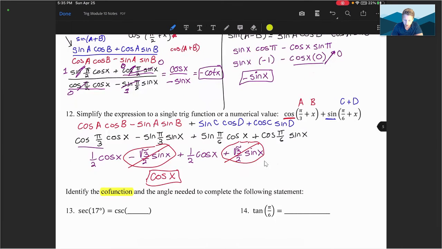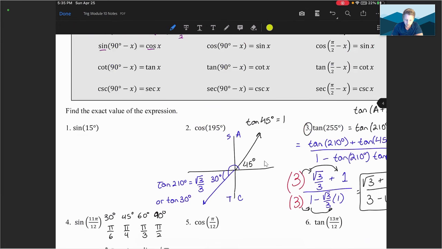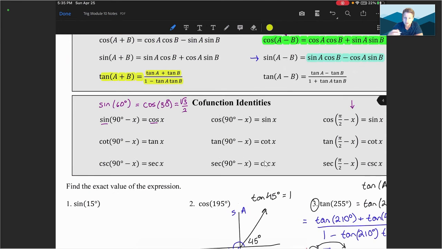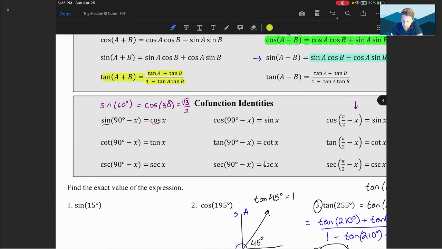If we recall the cofunctions identity from the top of our page, remember that the sine and the cosine functions are cofunctions together, or the cotangent and the tangent are cofunctions, and the cosecant and the secant functions are cofunctions, excuse me.